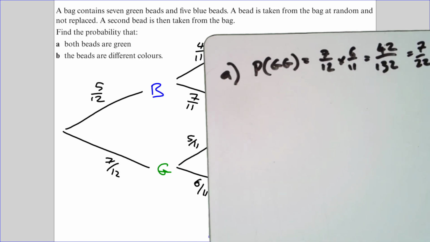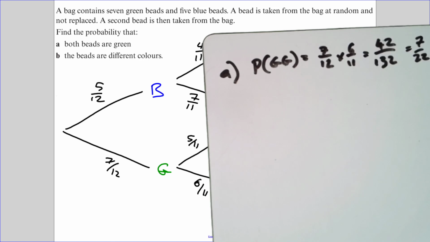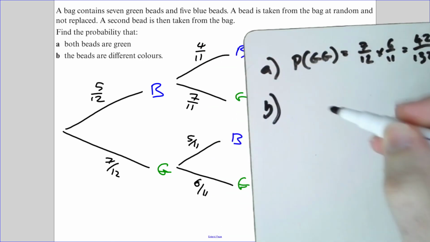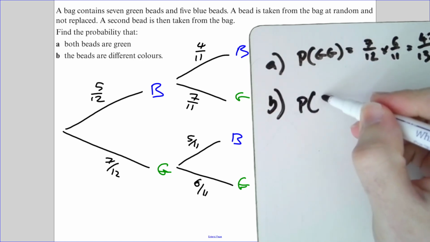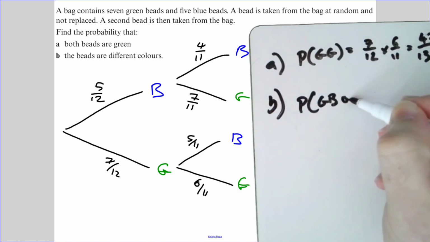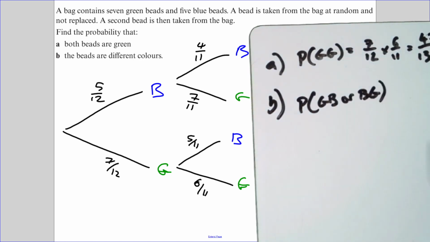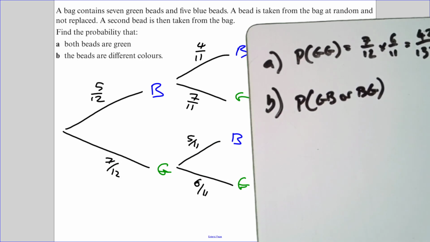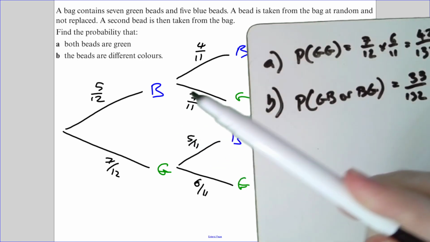For B, we're after the 2 beads are different colours. So for different colours, we want probability green blue or blue green. So we're going to work out this one first, which is blue green. This is going to be 35 over 132 from the 5 times the 7.